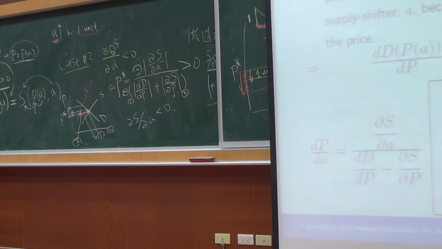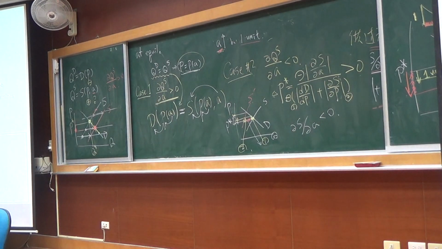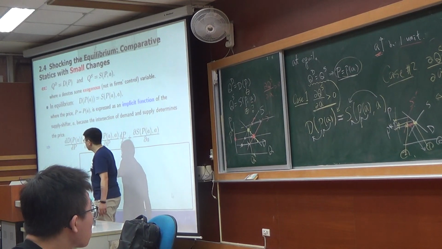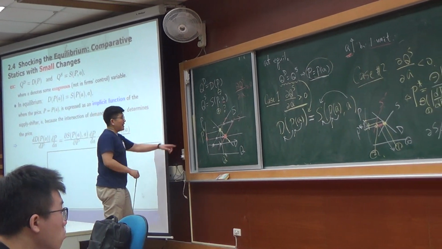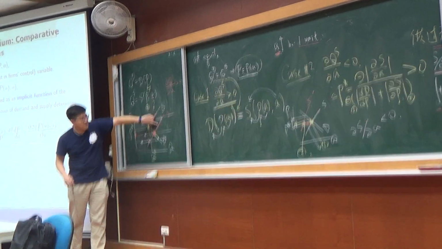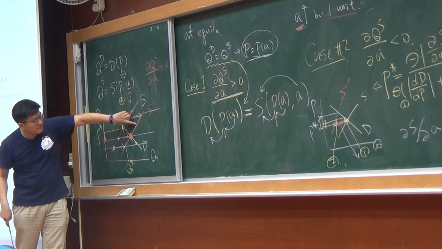Is that clear? So you see the first case. When this term is positive, the whole term will be negative. Positive, negative always. So it's a negative term, and the price must go down so that the gap caused by the shift can be erased.